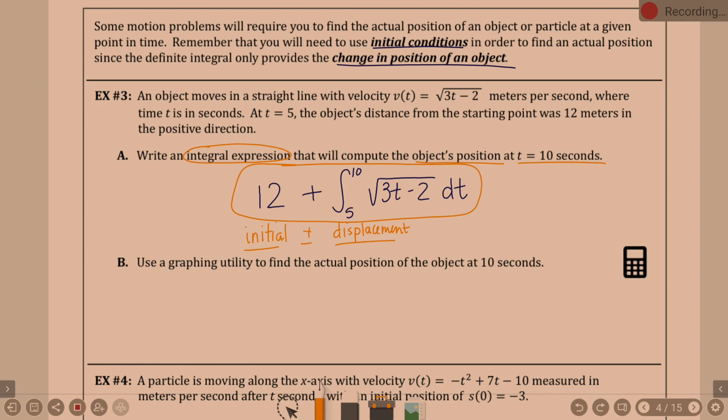B says to use a graphing utility to find the actual position of the object at 10 seconds. So what does that mean we're doing?